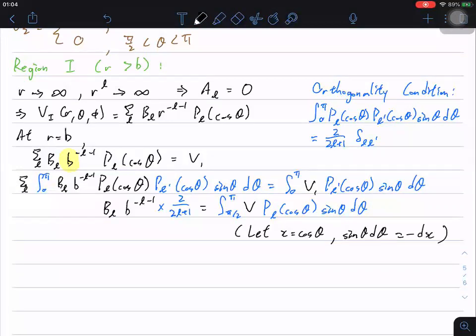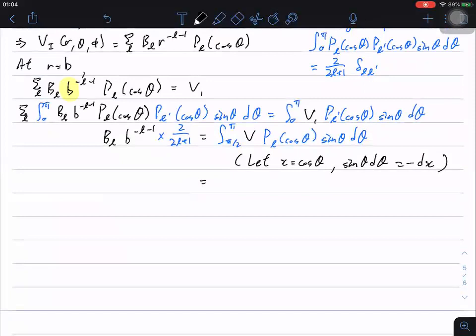Then we can move V outside, and the whole thing will become the integral of PL of x dx from minus 1 to 0. Okay, so now we have BL. We can move all the other constants to the right hand side.